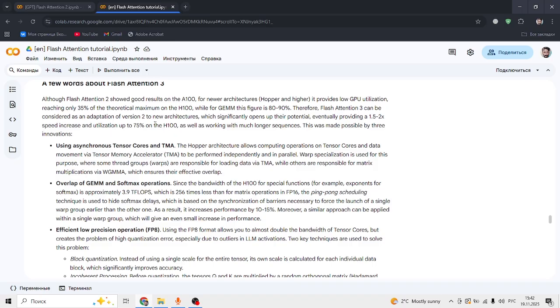The first one is that this is almost the same as FlashAttention 2, but it is an adaptation to more modern GPU architectures, I mean Hopper and Blackwell, because these architectures are different and they have some new options, and if we use these options we can improve FlashAttention 2 almost 2 times on these GPUs, and this is called FlashAttention 3.